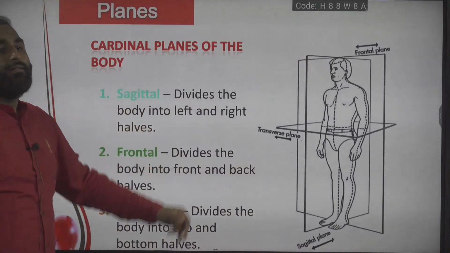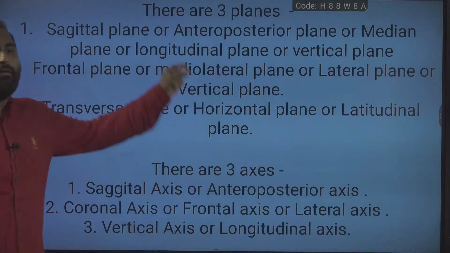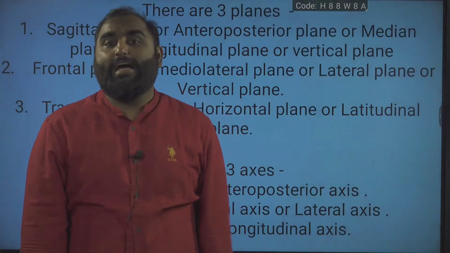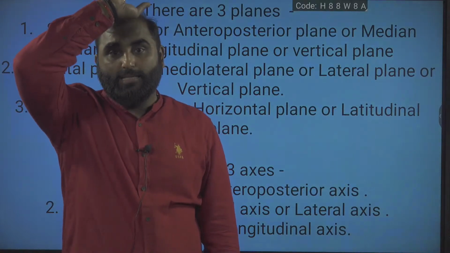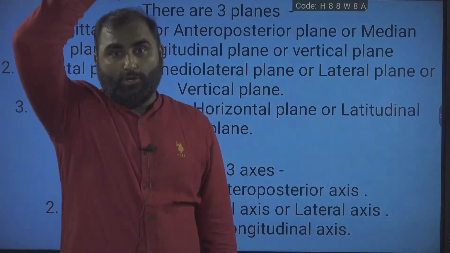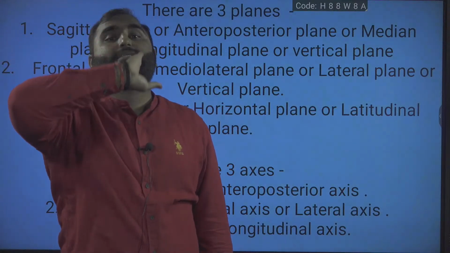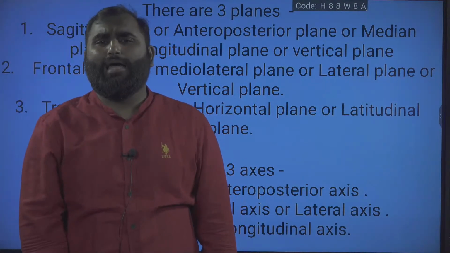Now let's see the different names. Once you have seen the picture, let's see the different names. Sagittal plane is this plane, yes or no? This plane passing through here is the sagittal plane. It is also known as the anterior-posterior plane, passing through the midline of the body.